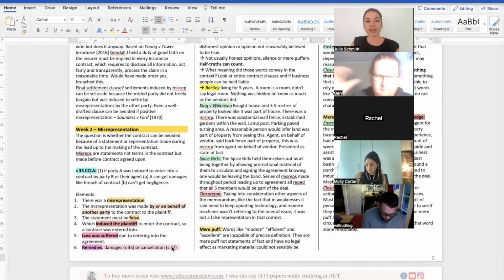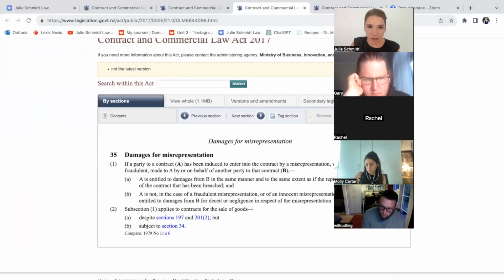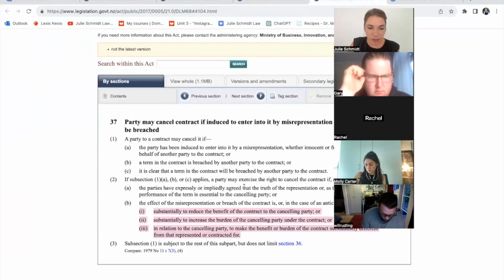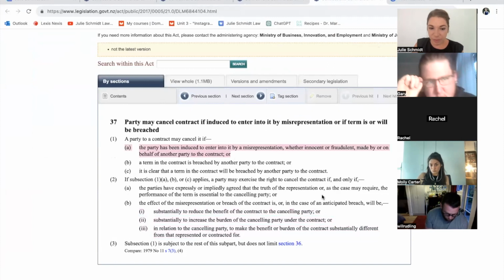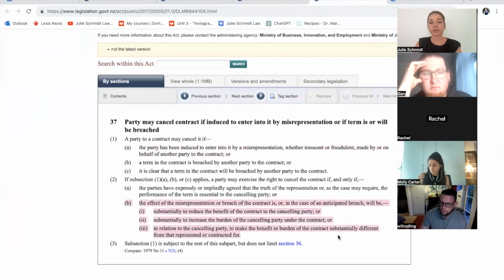So remembering with cancellation in 37, if there was a misrepresentation, it has to have been substantial. So don't forget to read 37(2)(b).